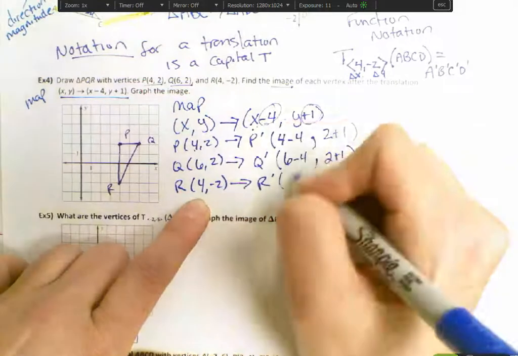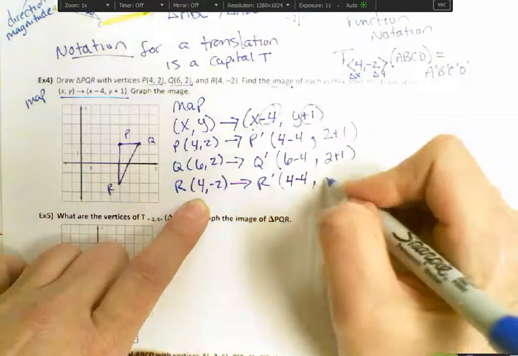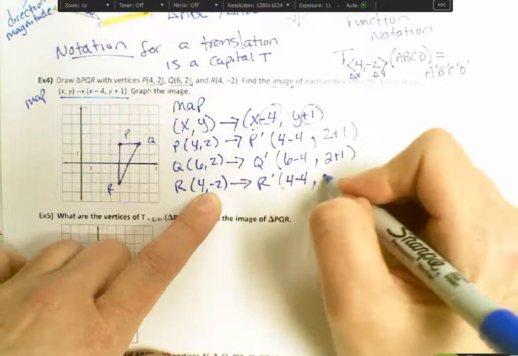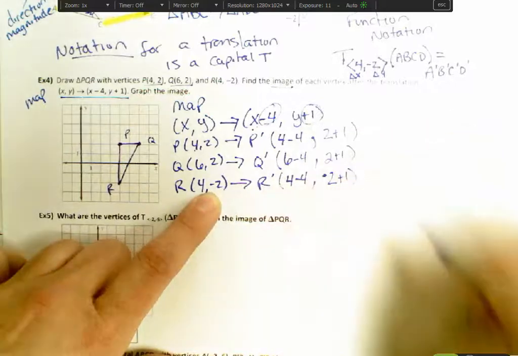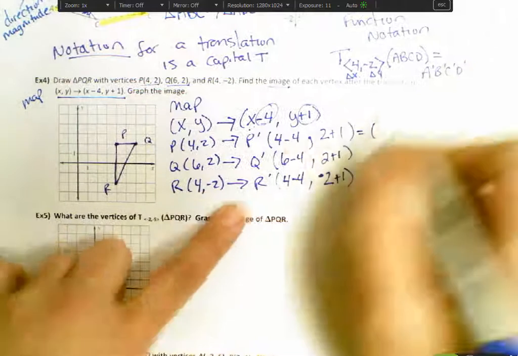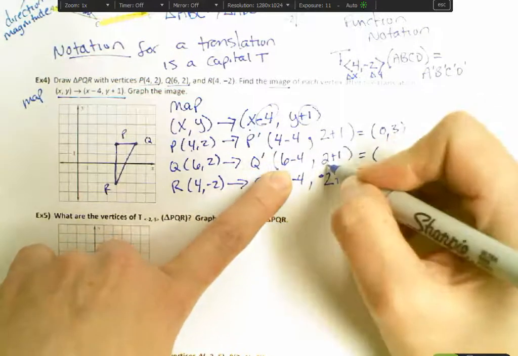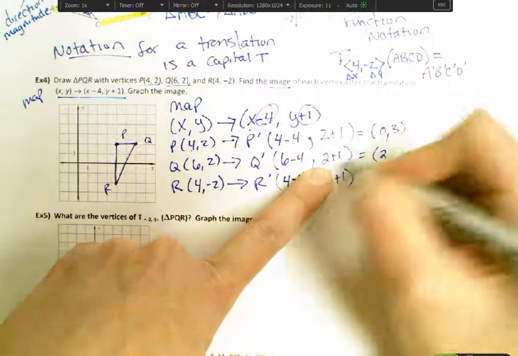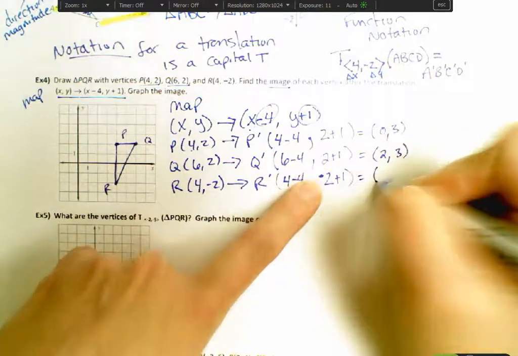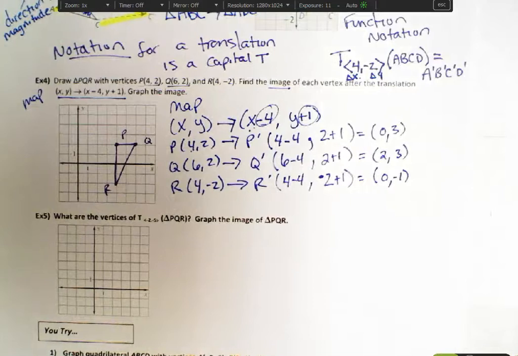For R prime, my original x is 4 minus 4, and my original y is -2 +1. 4 minus 4 is 0, 2 plus 1 is 3, 6 minus 4 is 2, 2 plus 1 is 3, and I get 0, -1. Those are my new image points, so I'm going to go graph those points.